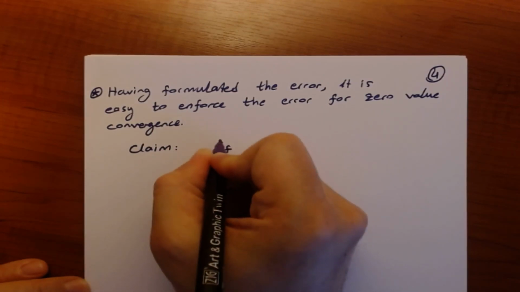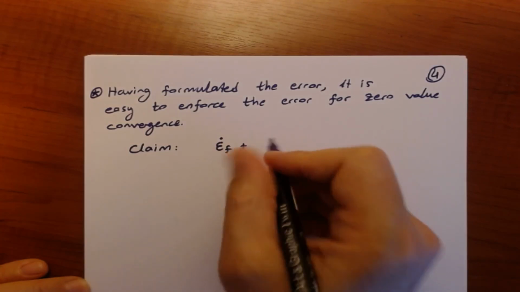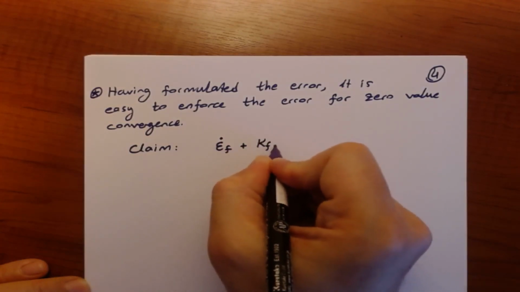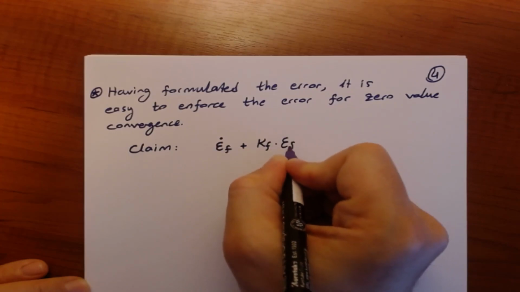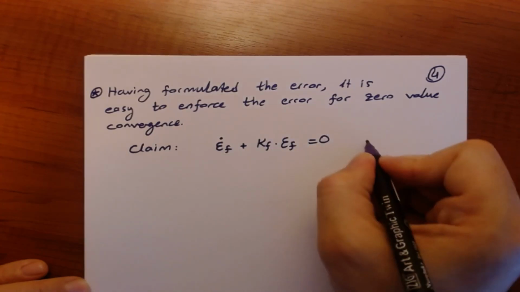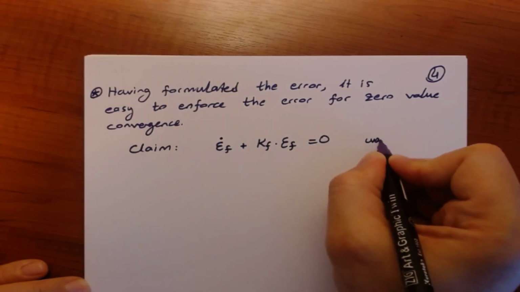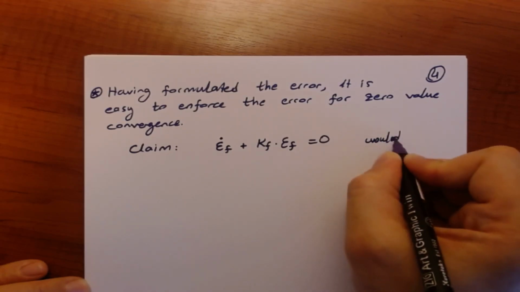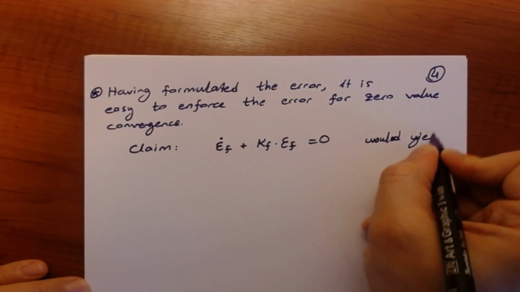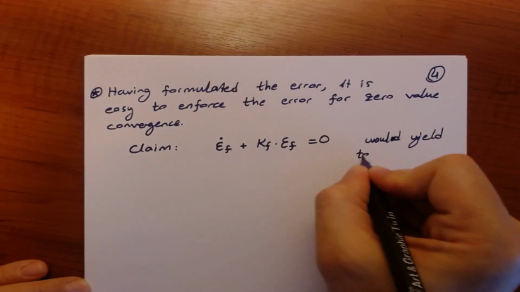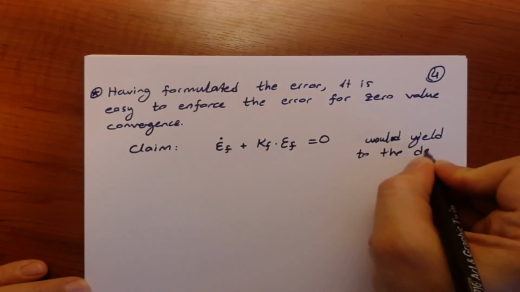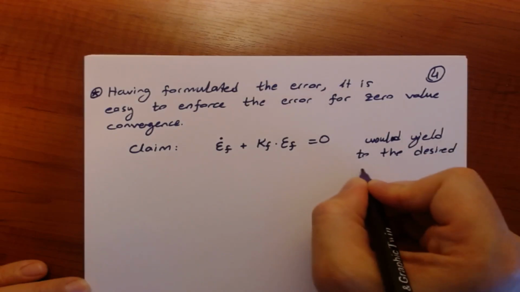Claim: EF dot plus KF times EF is equal to 0. Let me write, would yield the desired acceleration.